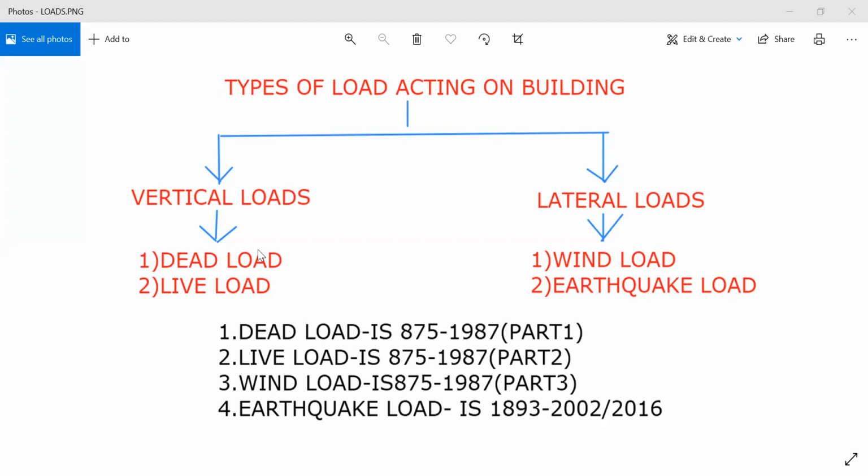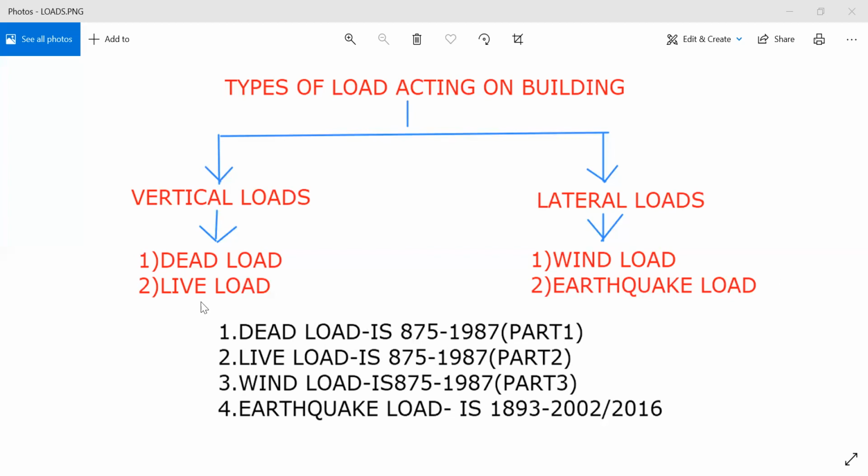The same way, the unit weight of some important materials is given in IS 875-1987 part 1. So you can refer to IS 875-1987 part 1, in which table 1 is for the unit weight of important materials, like brick, wood or concrete, sand, aggregate, cement, and many more.